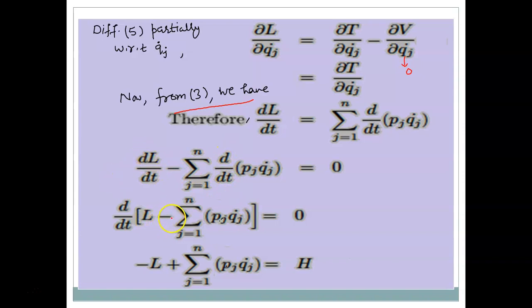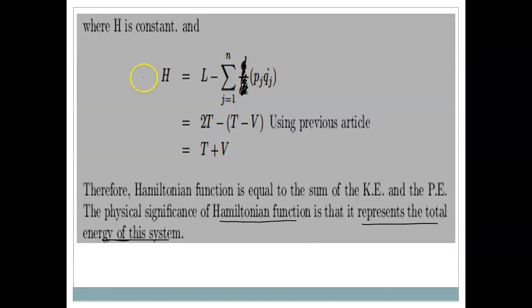Then we are left with L minus summation j going from 1 to n Pj into Qj dot equal to 0. Now the derivative of this whole thing within the bracket is 0. That means this quantity is some constant, and this constant is denoted by h. So you have obtained the expression that h is equal to L minus summation j going from 1 to n Pj into Qj dot. So that is what we wanted to prove.